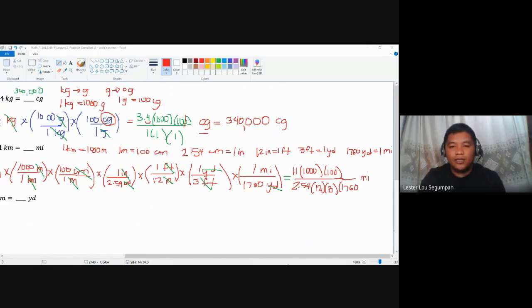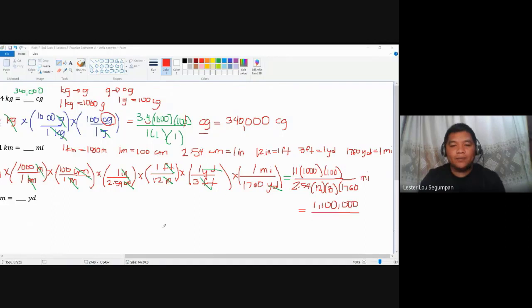So the numerator here is equal to 11 times 1000 times 100, which is actually 1,100,000. You have five zeros, 1, 2, 3, 4, 5.